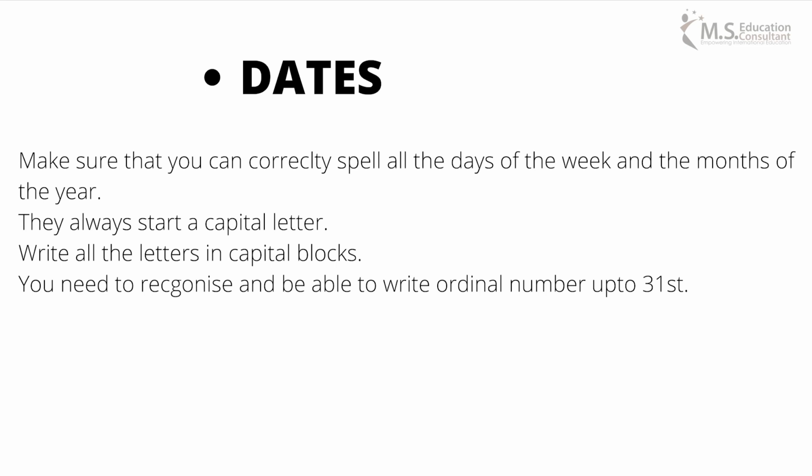Another suggestion is to write all the letters in capital block letters, which will help you make fewer errors. As there are a maximum of 31 days in any month, you need to recognize and be able to write ordinal numbers up to 31st.